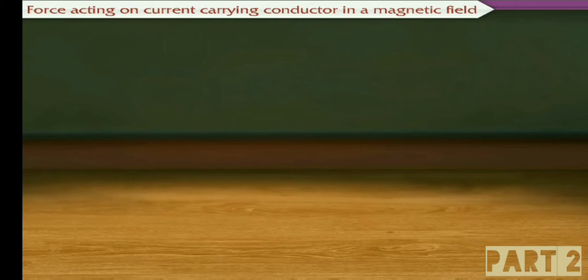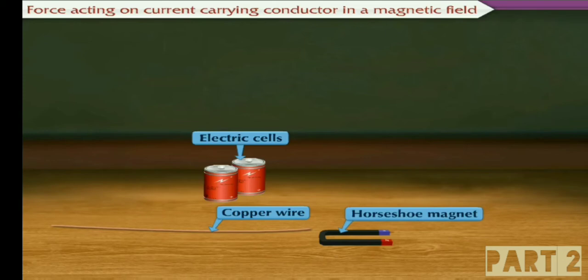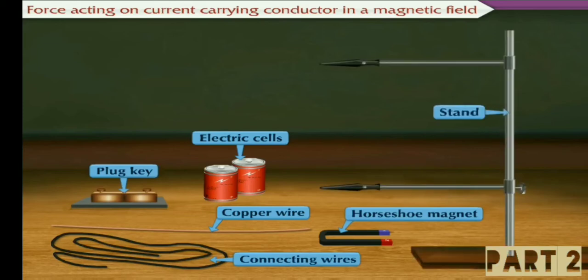The apparatus required to perform this activity are a thin flexible copper wire, 2 electric cells, a horseshoe magnet having a strong magnetic field, a plug key, connecting wires and a stand. Let us now connect the circuit.